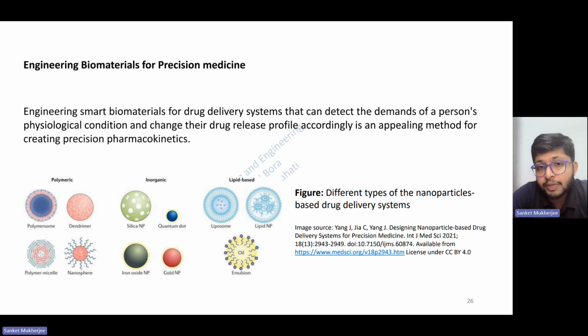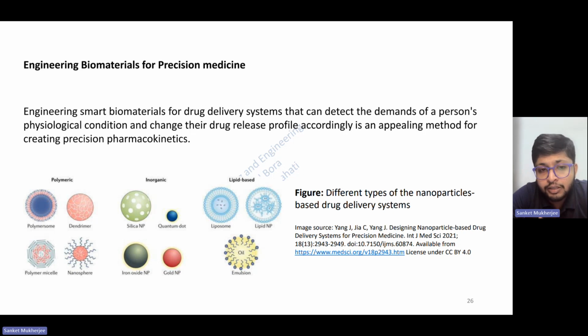So among the biomaterials that are used, nanomaterials or particle-based drug delivery systems are a very promising approach. It's a very active field of research. So there we have the polymer micelles, nanospheres, dendrimers, things like that.